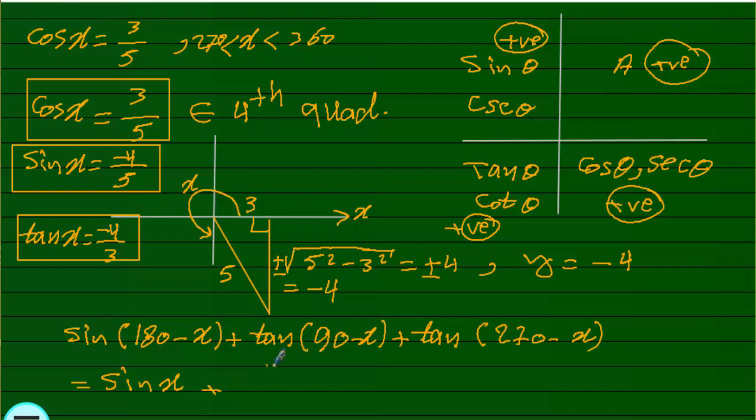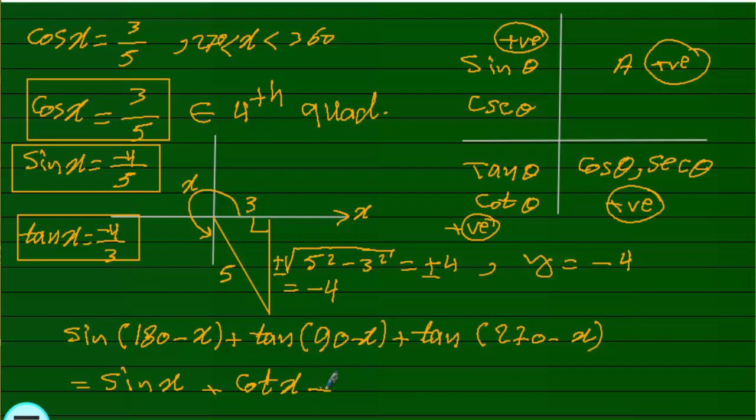Plus tan 90 minus x. It is in the first quadrant, so it will be cotan x. Here, tan 270 minus x. This angle's terminal side lies in the third quadrant, so the sign will be positive.